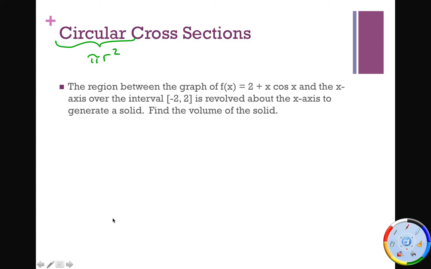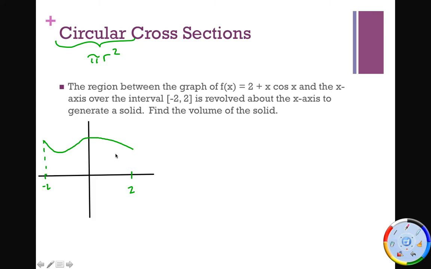So let's say we had the region bounded between the x-axis and x plus 2 cosine x. So here we go. We have our x-axis. We have the function x plus 2 cosine x, which looks something like that, and between -2 and 2.